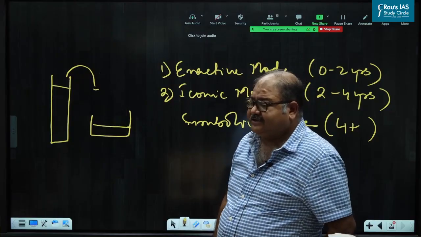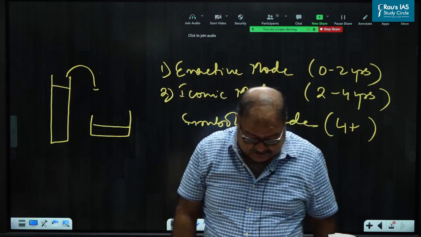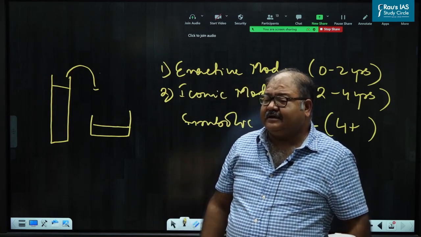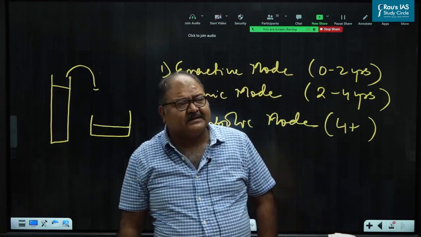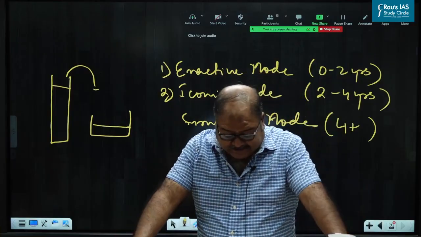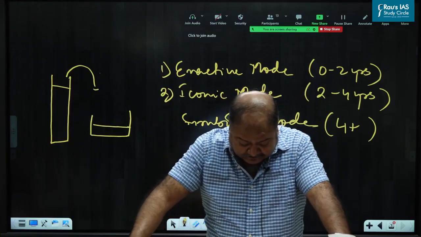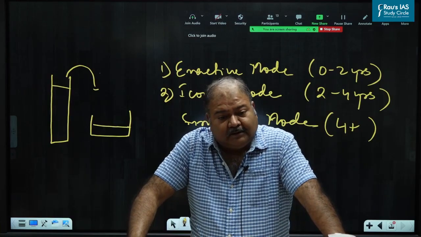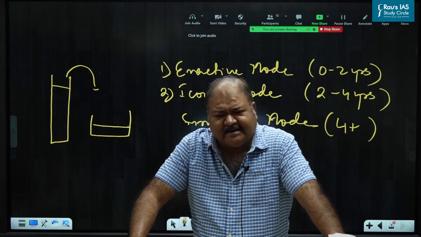From 4 years onwards, children start thinking in terms of language, which is symbolic representation of the objects in reality. Now see, a significant and amazing quality of language.